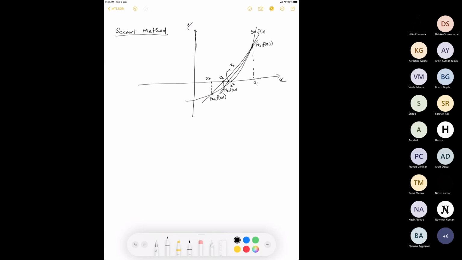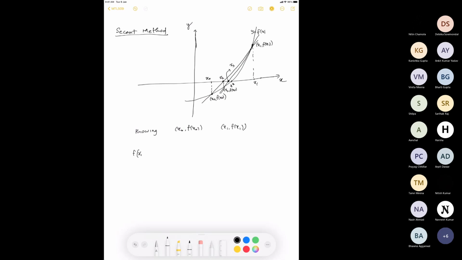So we have to compute x2. We already know x0 and x1. Knowing (x0, f(x0)) and (x1, f(x1)), we can compute x2 by just comparing the slope of two lines.